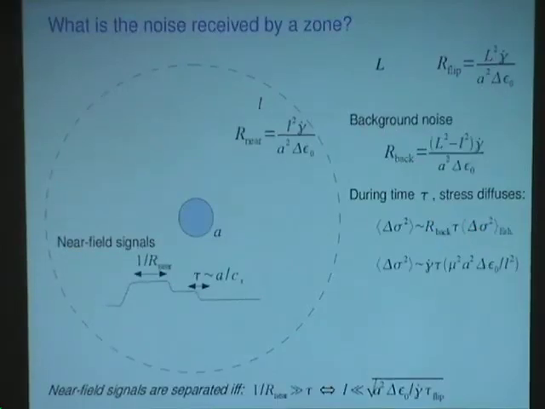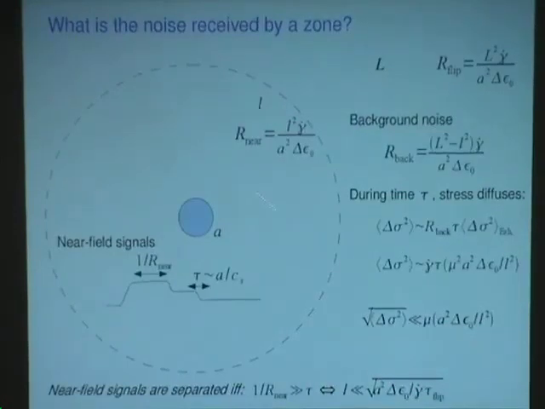We go back to HLB, we compute the fluctuation of stress, and we arrive at an expression for this stress fluctuation. And now we just require that the square root of this fluctuation is smaller than the smallest possible amplitude of a signal coming from length l. We want to know under what condition this zone will see a signal coming from the farthest end of this region of size l. It turns out that this condition is identical to this one.